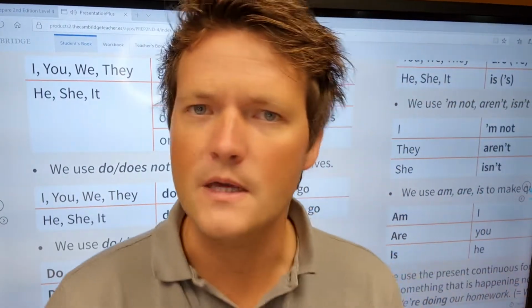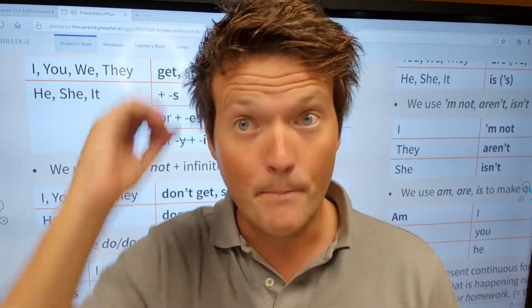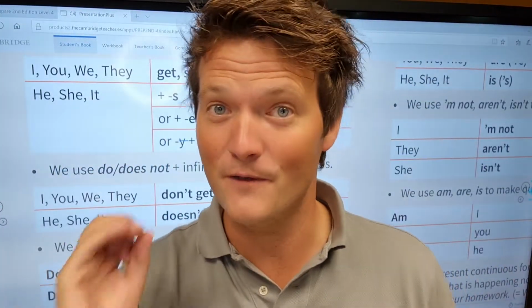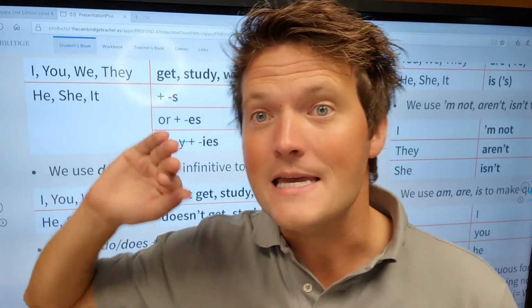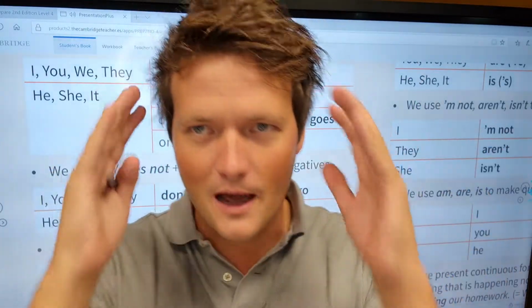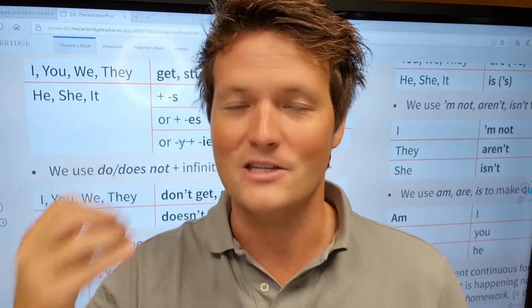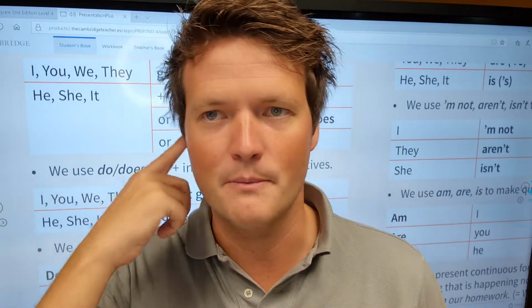A few things are difficult to remember, but basically, put an S at the end of the verb when you're talking about a third person. I know I'm repeating myself, but this is surprisingly difficult for people to remember.